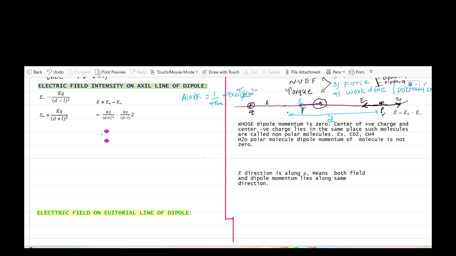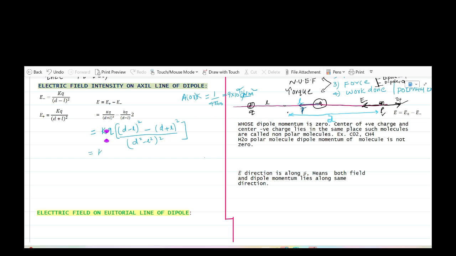This is the SI unit. So now the resultant field at the point P by the dipole is equal to E plus minus E minus. If you substitute these values, KQ into (D minus L) whole square minus (D plus L) whole square, by (D square minus L square) whole square, because A plus B into A minus B whole square equals A square minus B square whole square.